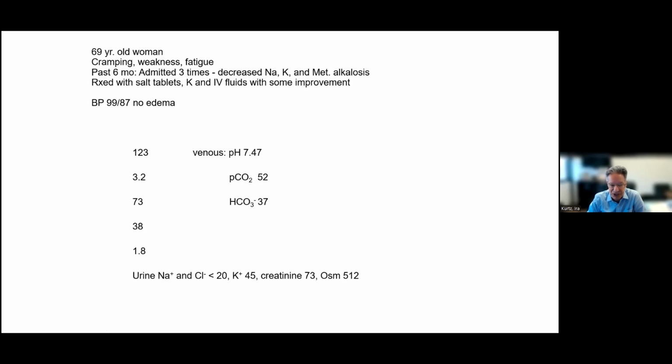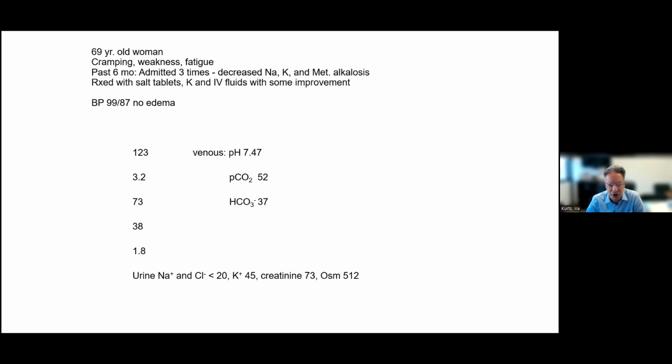So the patient is dysnatremic, hypokalemic. The total CO2 here is elevated. We'll calculate the anion gap here, and it looks normal. And the creatinine is elevated here. We don't have a BUN, but there's some dysfunction here. We don't know how long it's been going on either with the GFR.